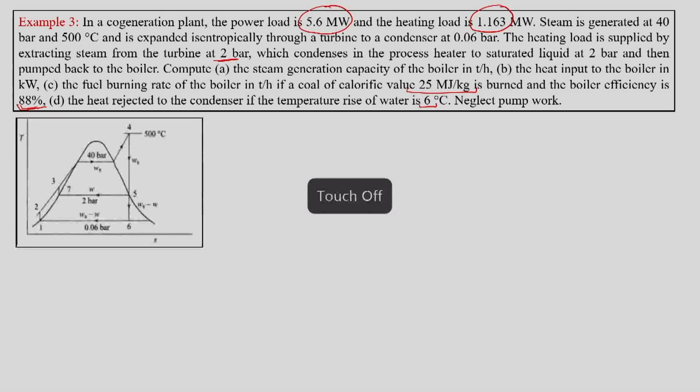So, let us plot the TS diagram. As per this TS diagram, what are the things which are given to us? We are given that P3 is equal to P2 is equal to P4 is equal to 40 bar and T3 is equal to 500 degree Celsius.